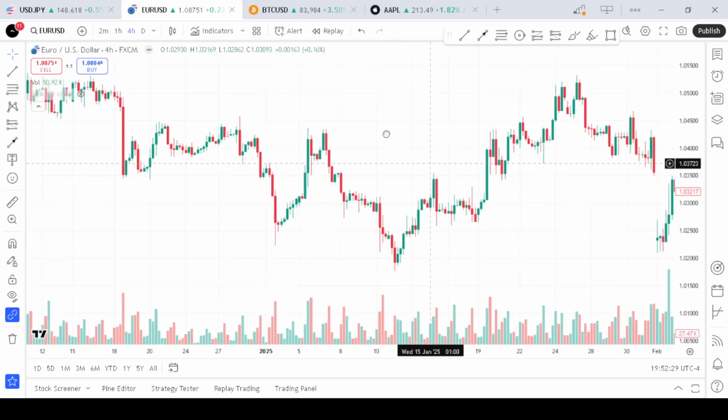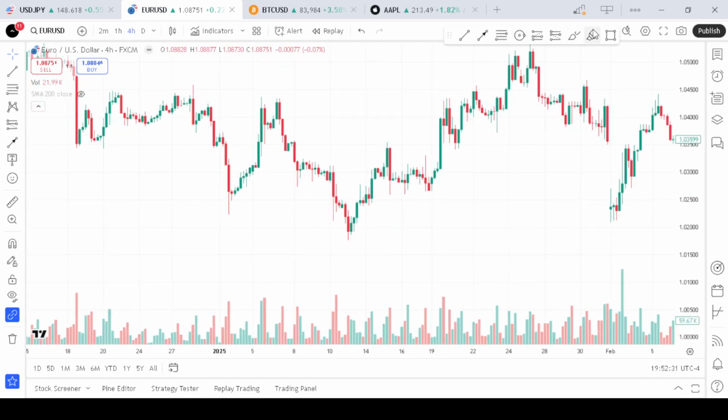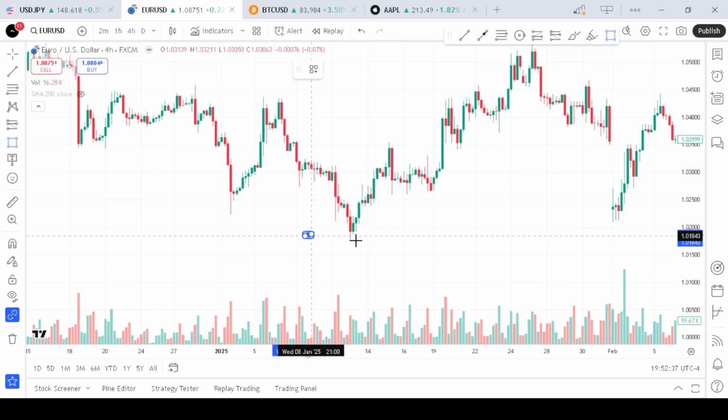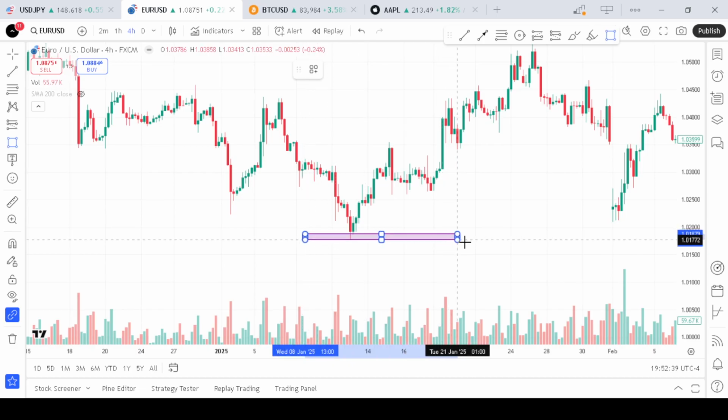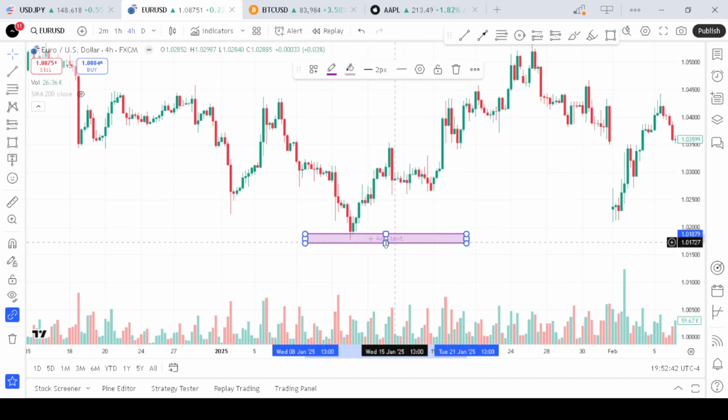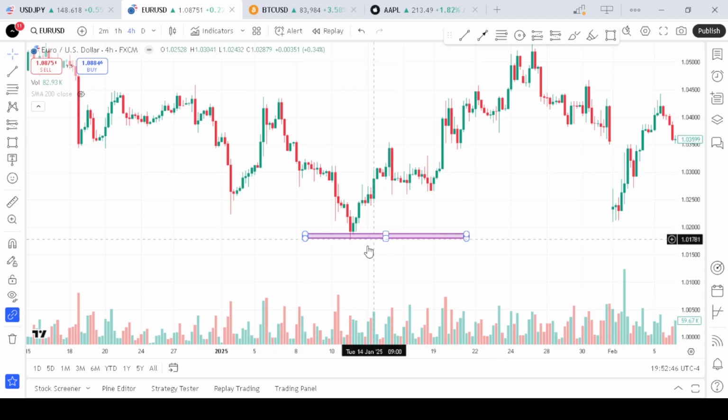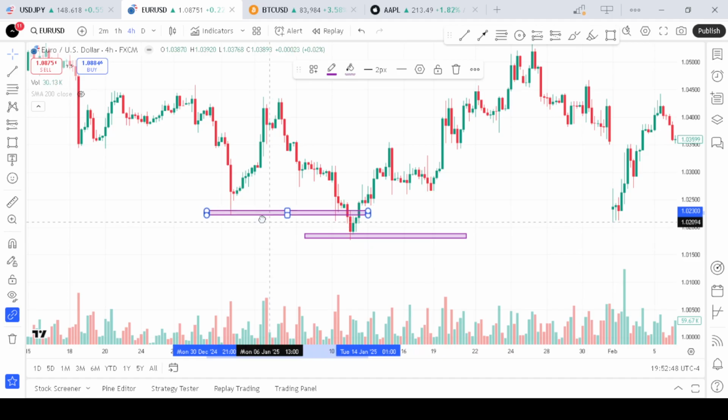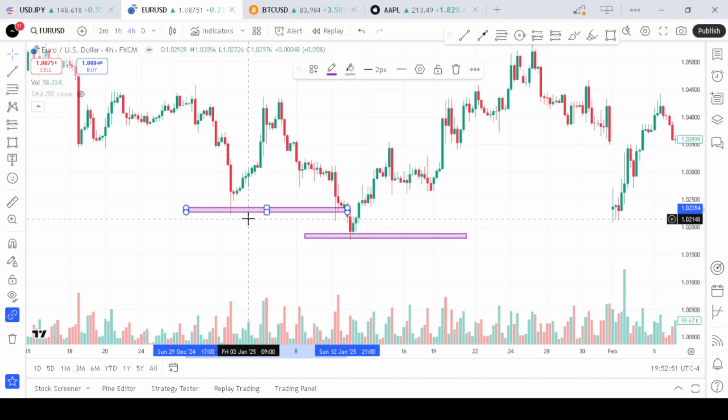It's basically an area where price is going to have a stronger demand level, preventing price from going further. These are areas of support that are being marked out on the chart.